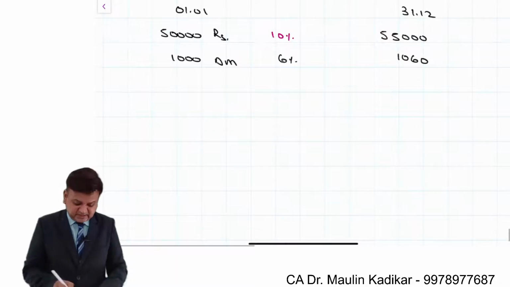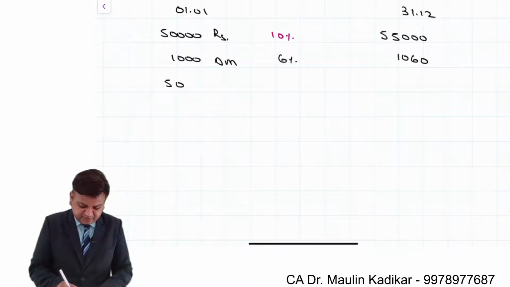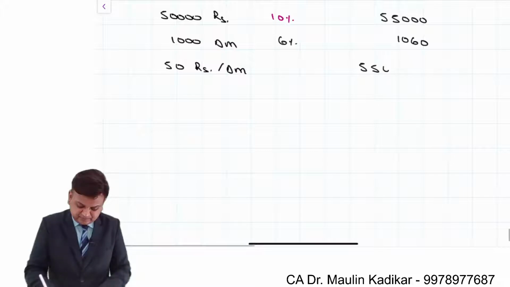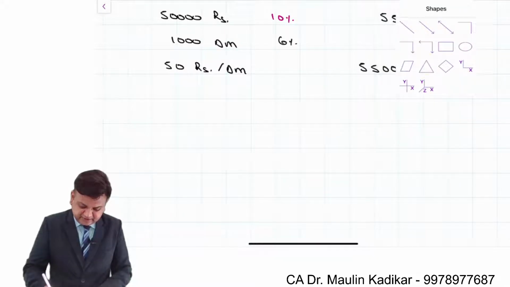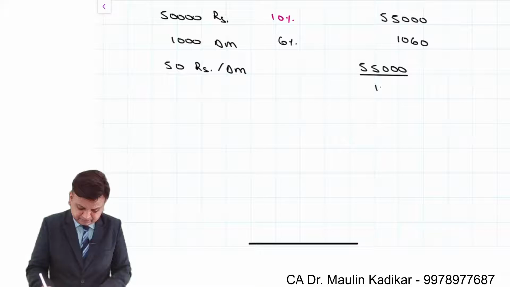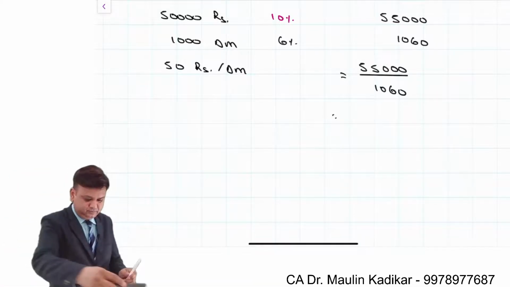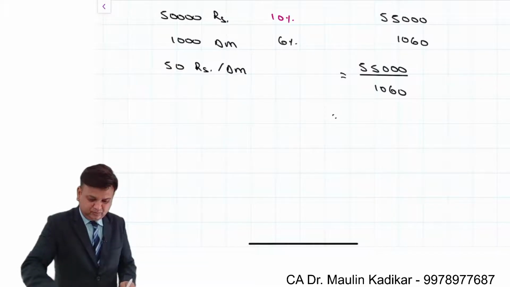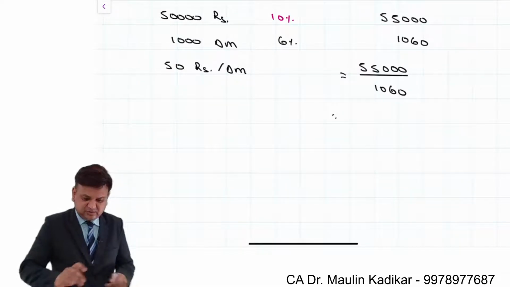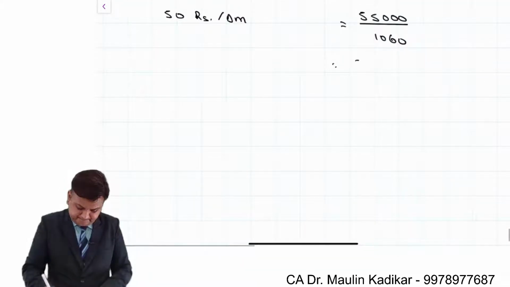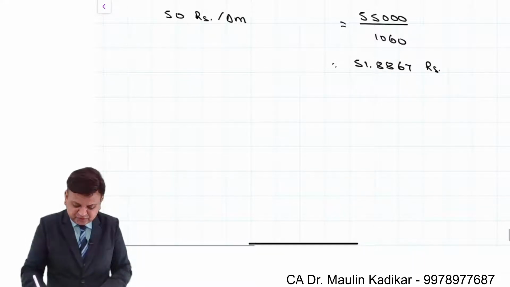So we can say that the exchange rate which was 50 rupees per Dutch mark on 1st of January will change to 55,000 divided by 1060, that is 51.8867 rupees per Dutch mark.